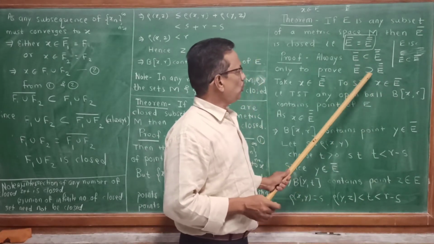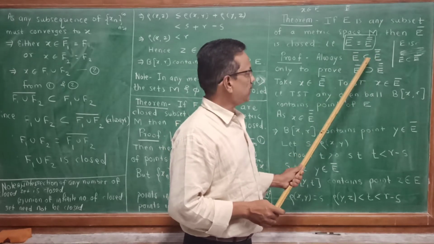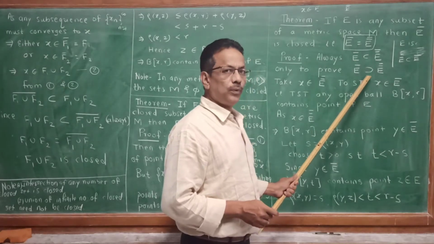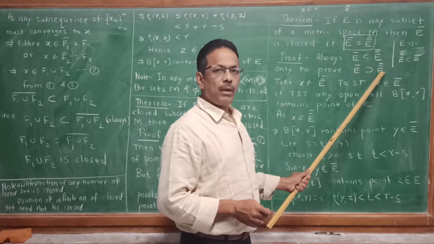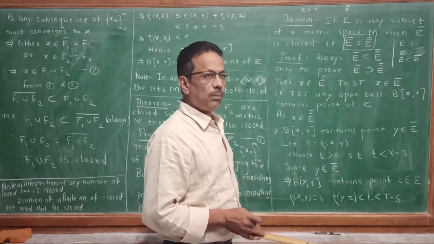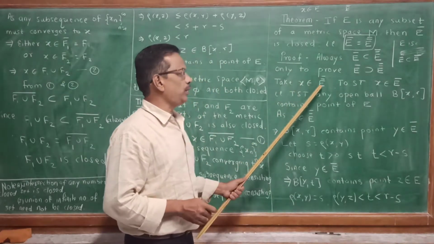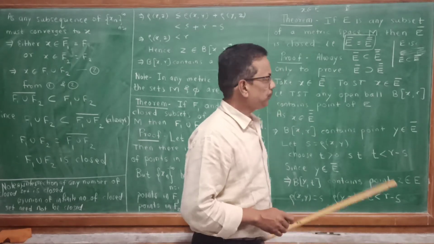One direction we know always, and only this we want to prove. That is, if we take a member of E double bar, prove that that member belongs to E bar. Therefore, take x belongs to E double bar, and we show that x belongs to E bar.